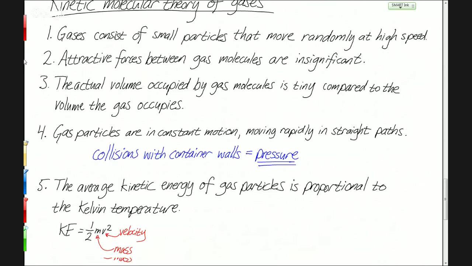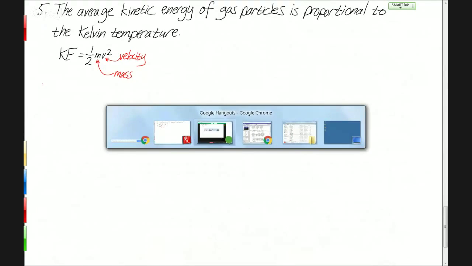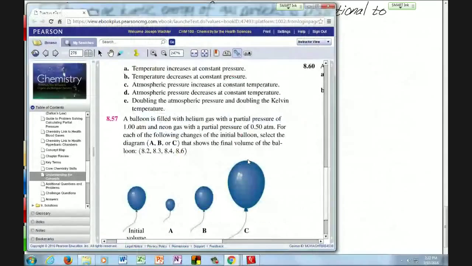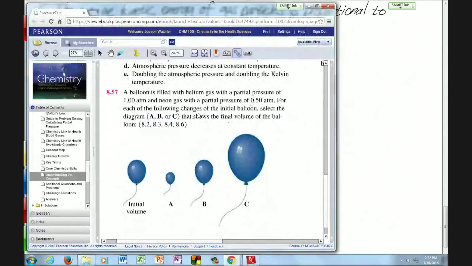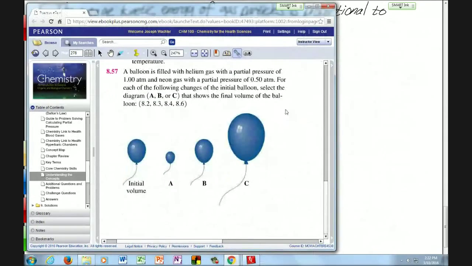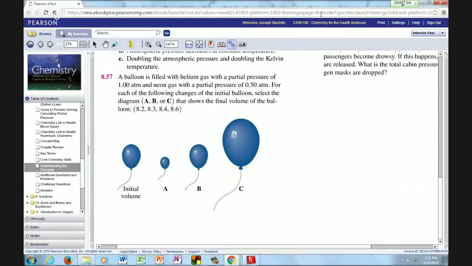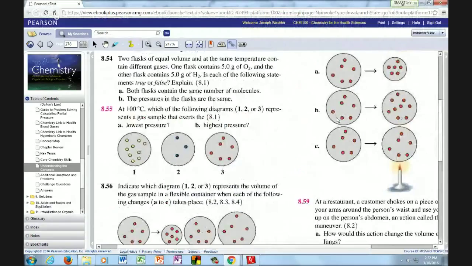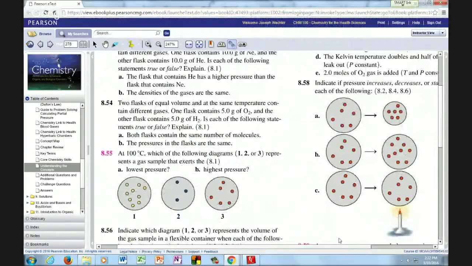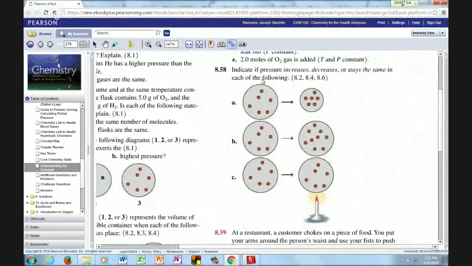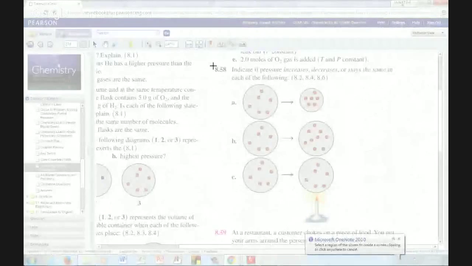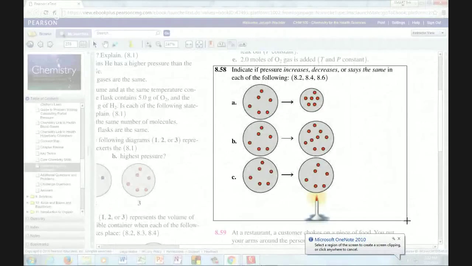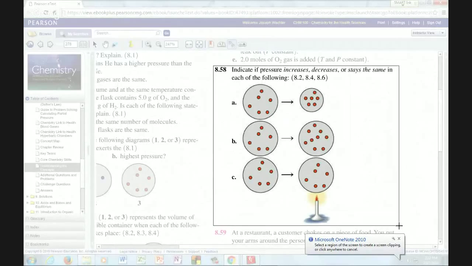So let's look at another example like we just did from the book, but this time add that reasoning behind it from the kinetic molecular theory.